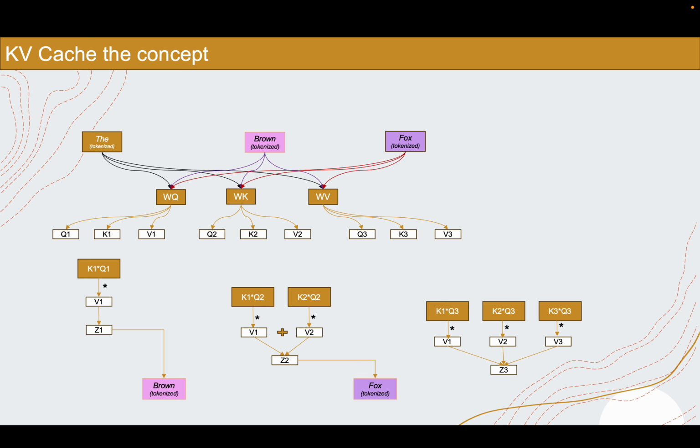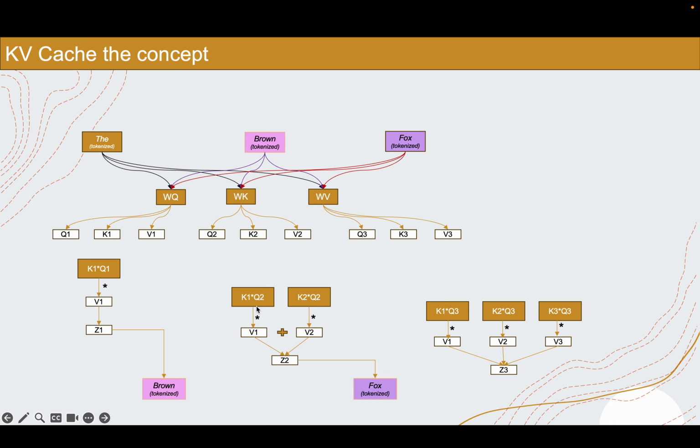So once again, this multiplication is done, and it is multiplied by the value vector of the corresponding token to extract the weighted value. How much of that value should I consider in the context vector?